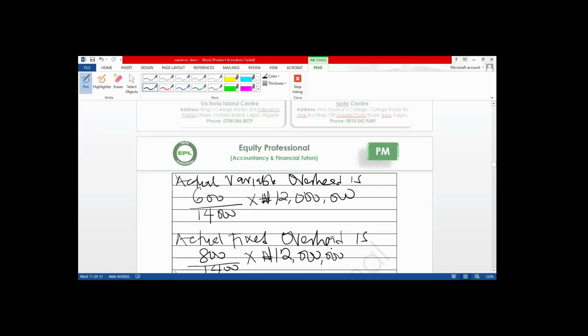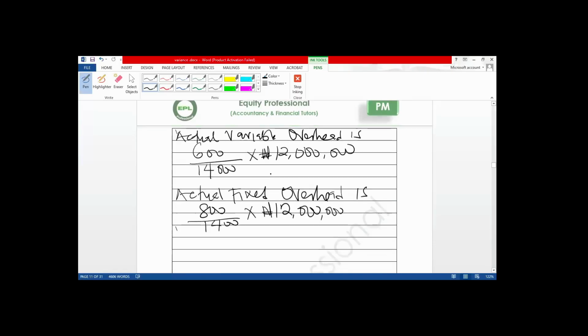When you work this out, you are going to get a figure for variable and a figure for fixed. Variable: 5 million, 142,857.